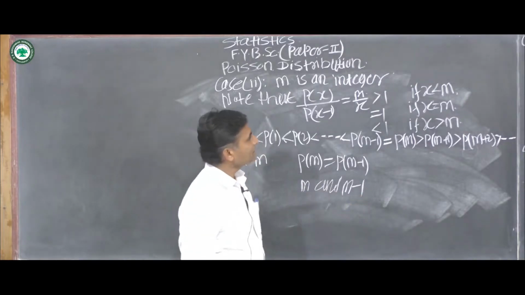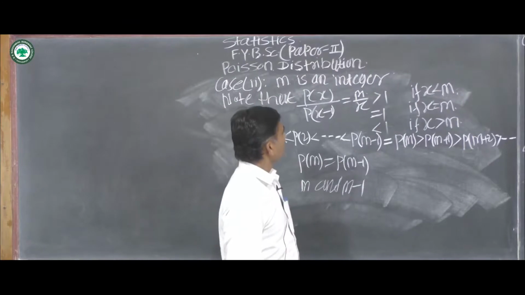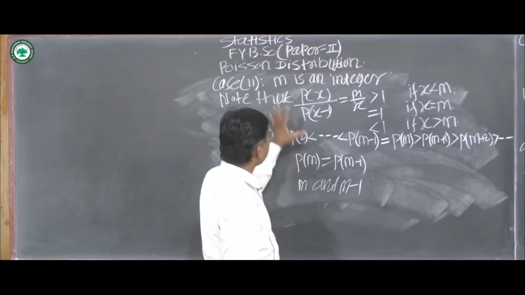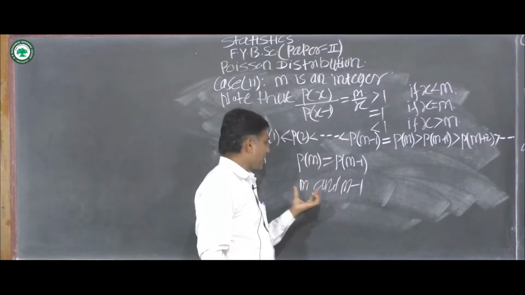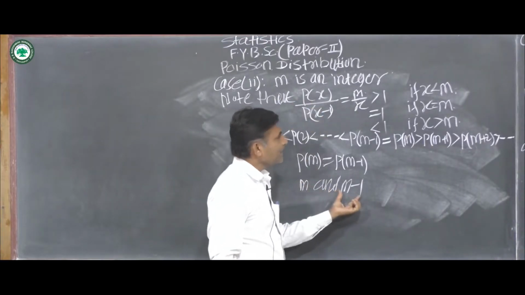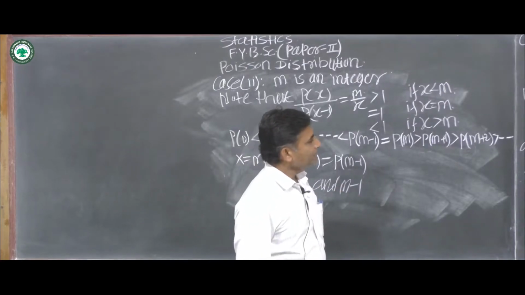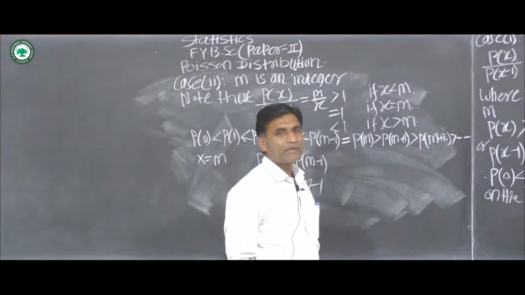In this way we can obtain the mode of the Poisson distribution. If m is an integer, there are two modal values, m and m minus 1, and if m is fractional, the mode is the integer part of m only.